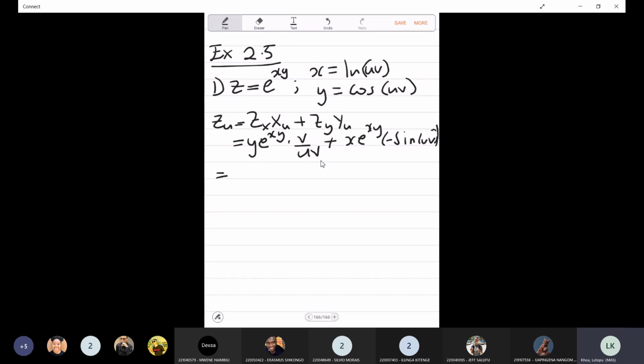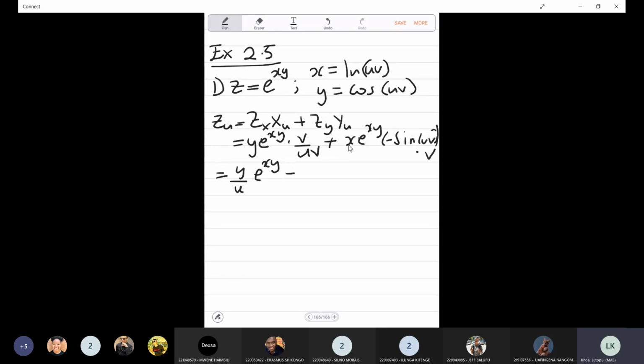So I have y over u e to the power of xy, and not a plus, that should be a minus. And again here, there should be a v multiplying here. So times v there. So it's minus sine of uv times v.